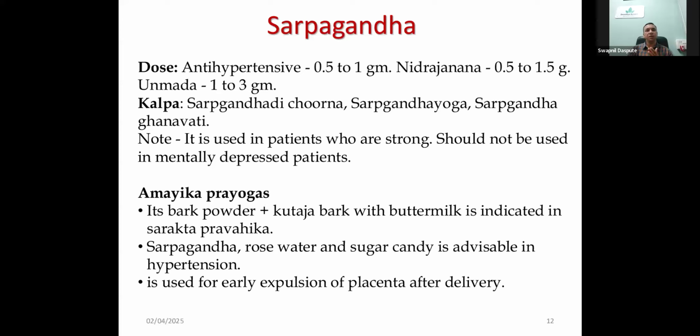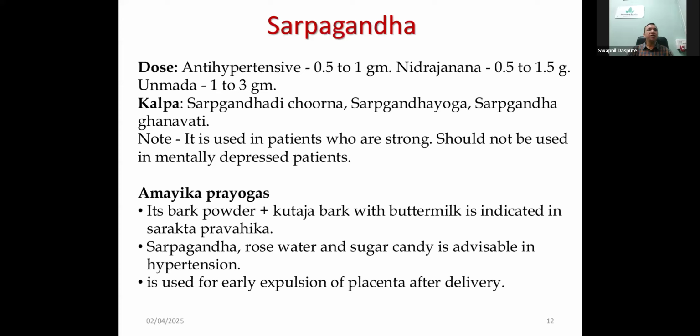Of course, as we are studying Sarpagandha, hence we are studying the dose in Unmada. But when you treat Unmada, there would be other medicines also which can be used. So in that case, the role of Sarpagandha maybe can be reduced based on the signs and symptoms which are seen. If it is Pittaja, then less quantities should be used.